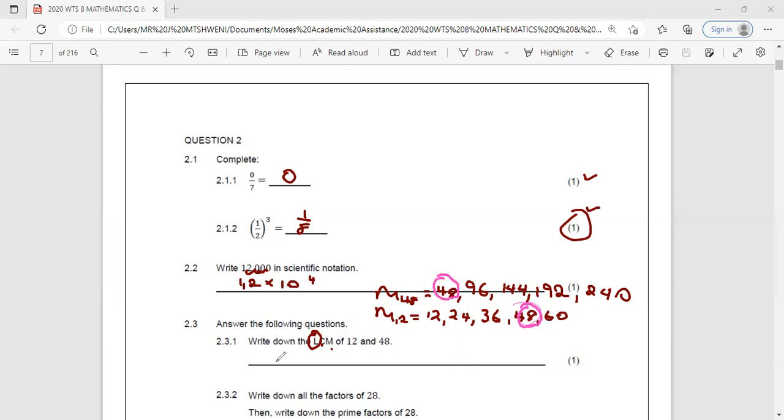So the lowest common multiple, the LCM of 12 and 48, is equal to 48. That's the one that's common, the lowest. I hope it will make sense to everyone.